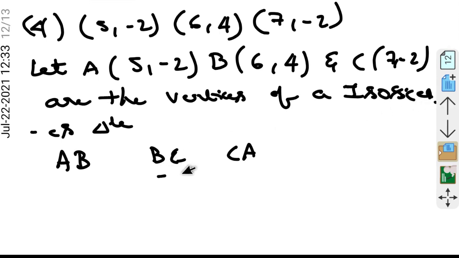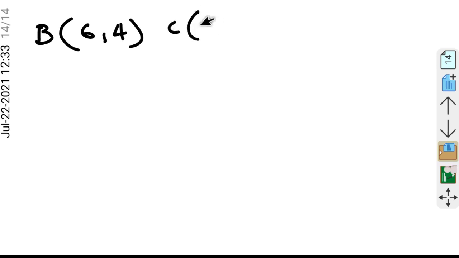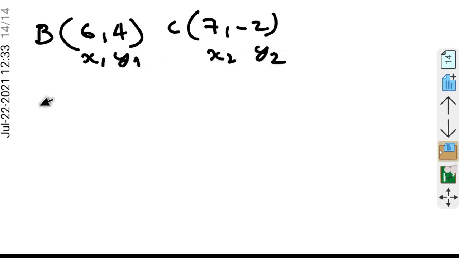Okay, now take the next one, that is BC. The B coordinates they have given are 6 comma 4, and the C coordinates are 7 comma minus 2. Now as usual, call this x1 y1, this x2 y2.